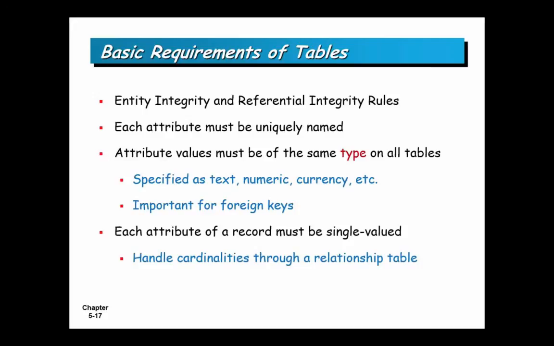In order for any one of your entities to be valid, it needs to have a unique and real primary key. Referential integrity says you have to have a foreign key that points to a real primary key somewhere else. Your foreign key is referring to a primary key that actually exists.